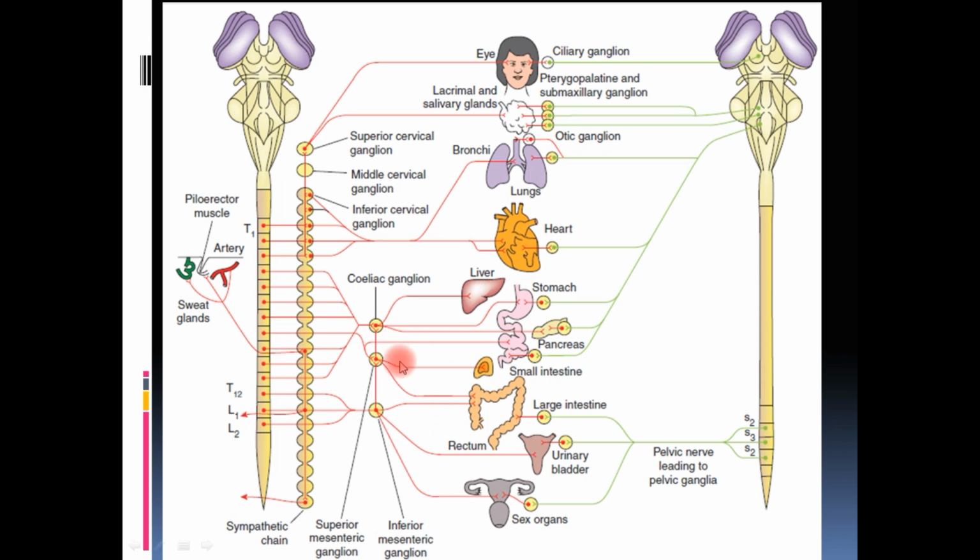Whereas if there is any ganglia which is present near to the end organ, those will be called as the peripheral ganglia. So the preganglionic fibers which are coming from the spinal cord can synapse either in the sympathetic trunk or in the celiac ganglion or in the superior or inferior mesenteric ganglion.